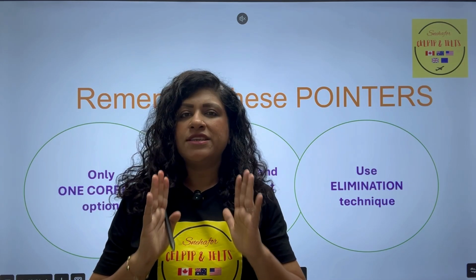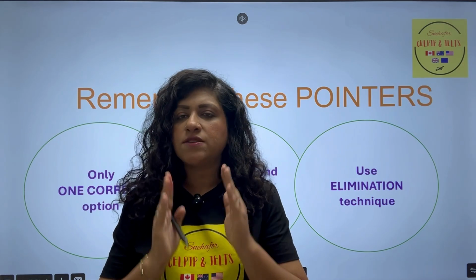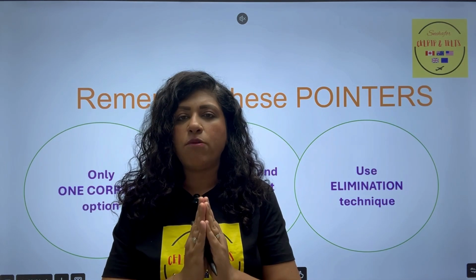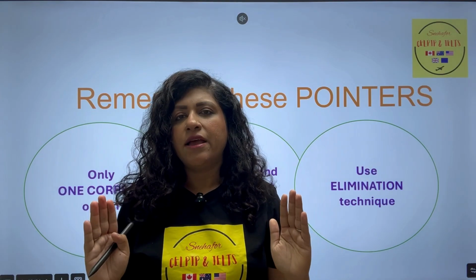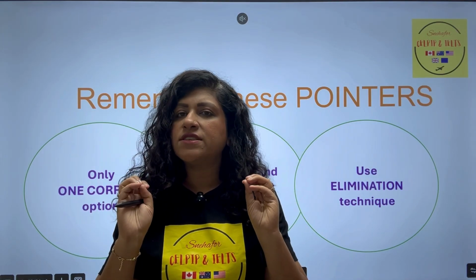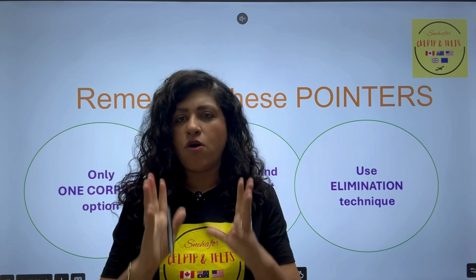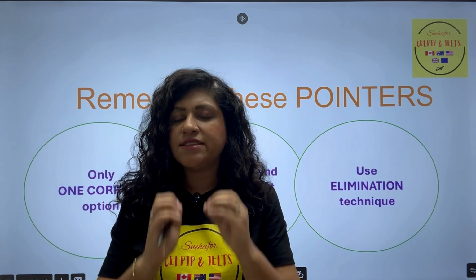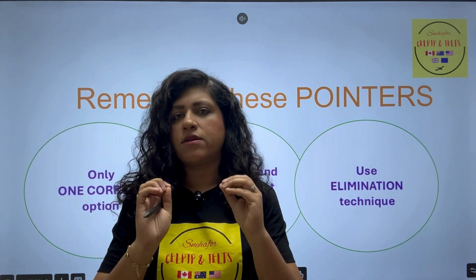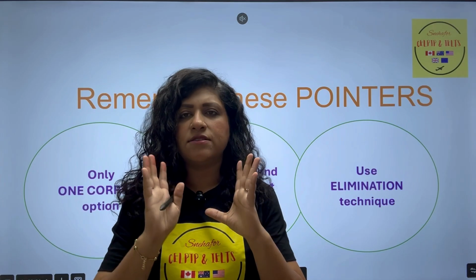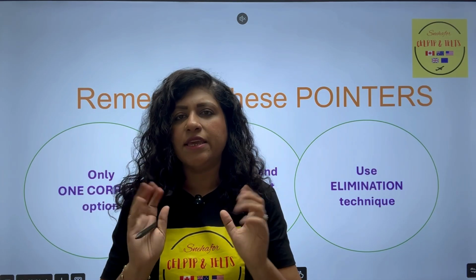Make sure, spend enough time on the options. Make sure that you read the options completely. And you're not only focusing on certain keywords, you have to understand the meaning of the option. Understand the statement completely. Do not base your answer only on certain keywords.